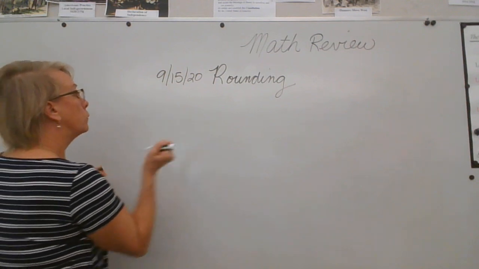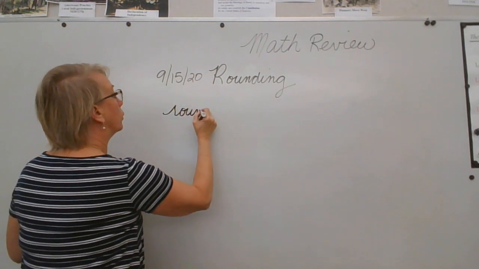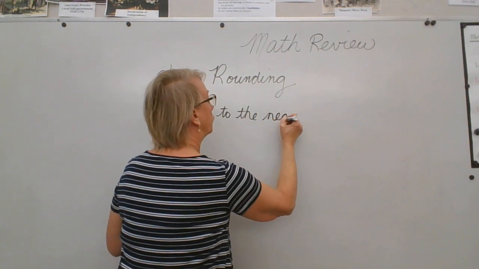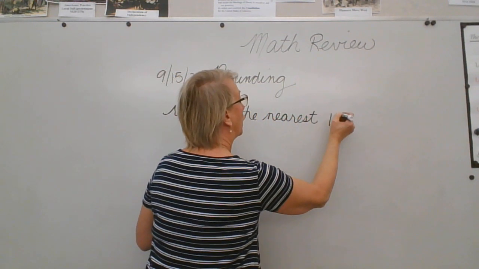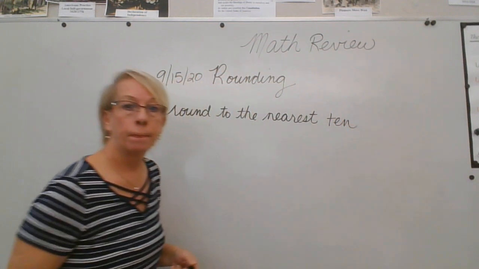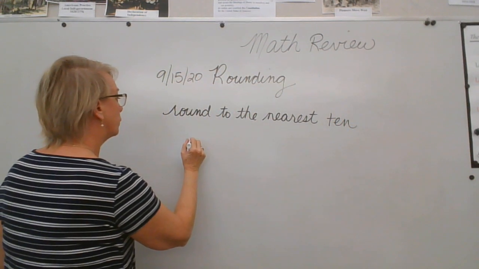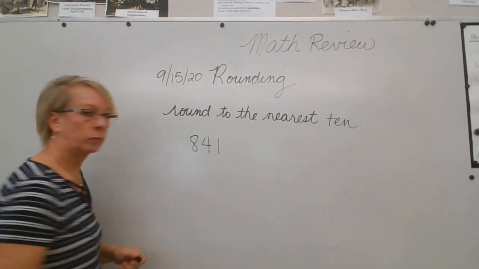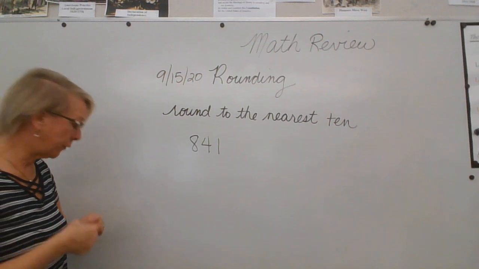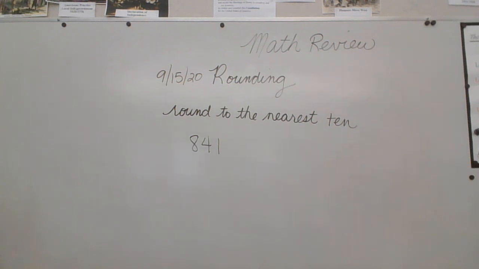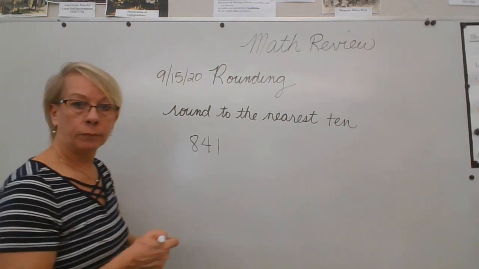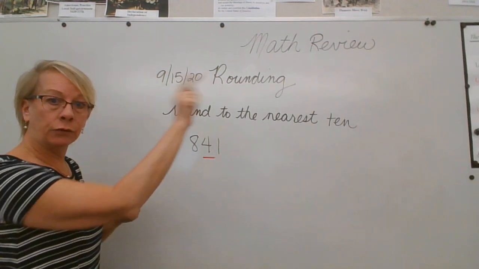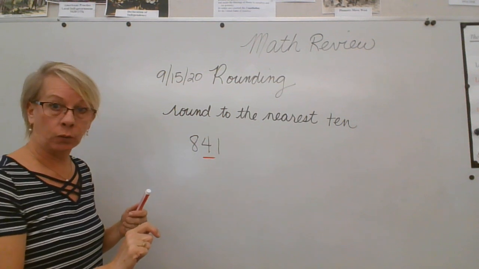So if I say round this number to the nearest 10, and I give you a number like this, first you have to identify the tens place, which is what? The 4. We're going to keep the 4, and everything else to that side is going to be a 0.